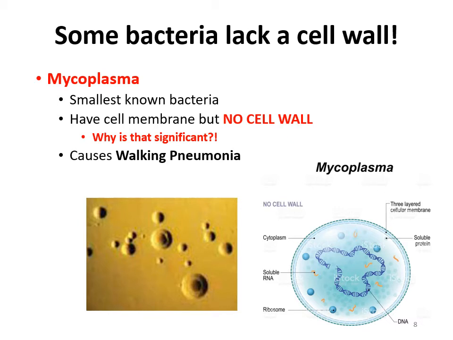Now, it's very important to know that they have no cell wall because now you have to ask yourself, well, why is that significant? What did we say about bacterial anatomy? Knowing bacterial anatomy lets us know how to treat the bacterial infections.